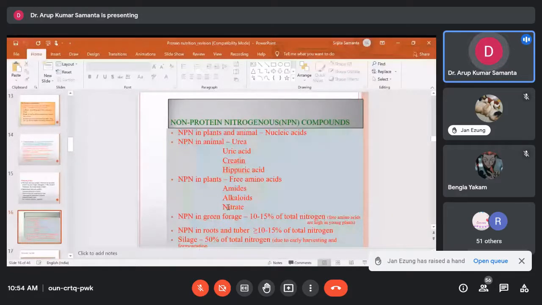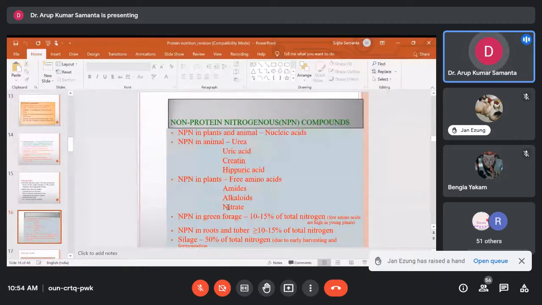A single amino acid is not a protein, so it comes under the non-protein nitrogenous compounds. Non-protein means it is not a protein, but it does contain nitrogen as an integral component, like protein.